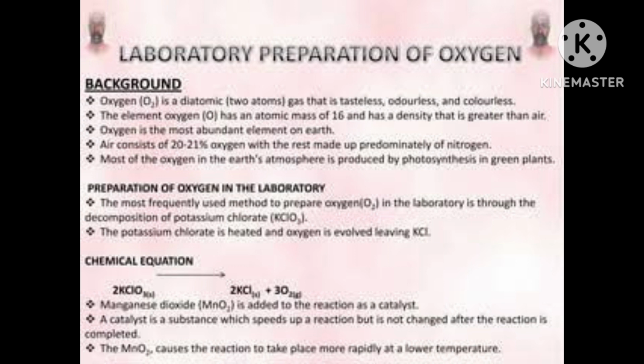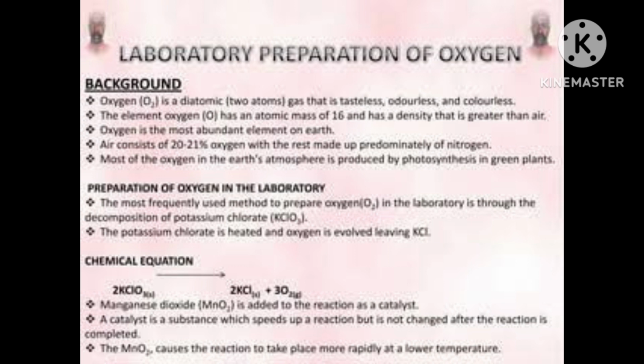It liquefies at 90 Kelvin. O2 gas can be liquefied at 90 Kelvin and freezes at 55 Kelvin.